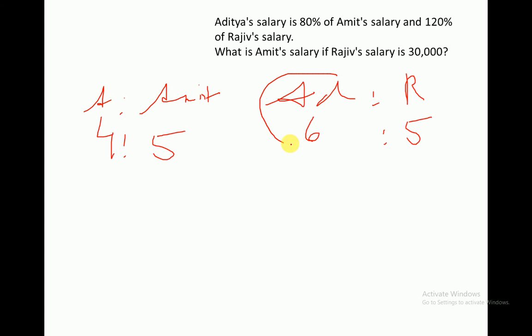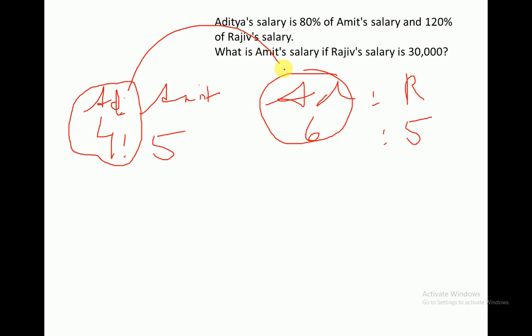So Aditya is 6 and Amit is 4. I'm showing you another concept, this one would be of balancing. If we have to connect both these ratios, we have to see the connecting one.